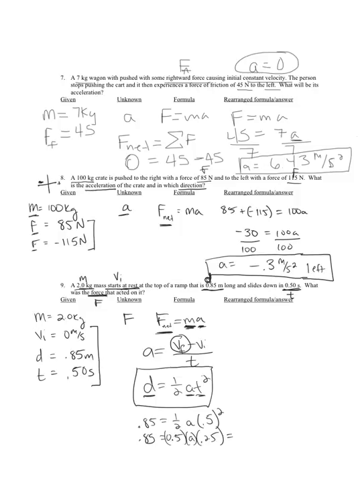And that should give me 6.8. So A equals 6.8 meters per second squared.